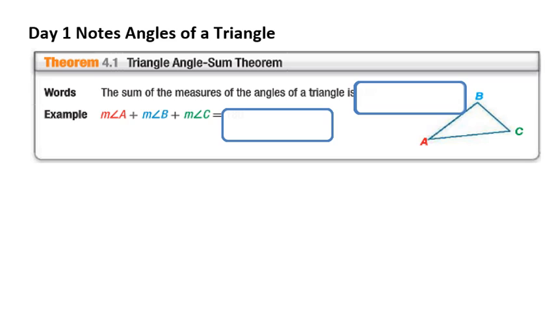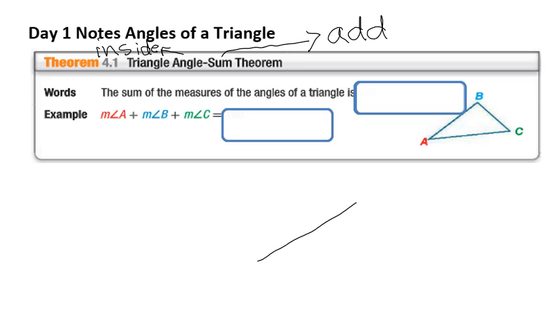So I want to point out a couple of things before we fill in the blanks. When we think of a sum, we think of adding. And when we think of angles, we think inside the triangle.